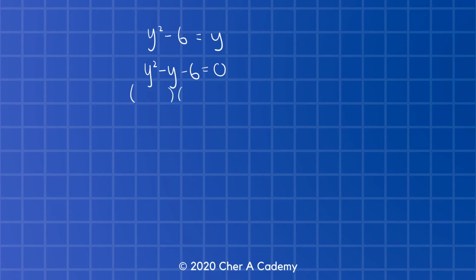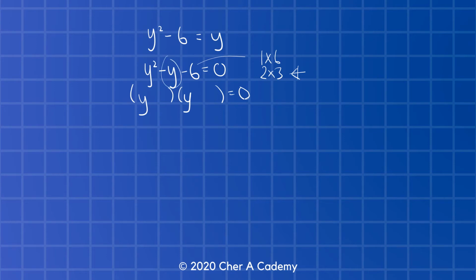Factorizing this. Okay, I have my y and y here to make it y squared. The last number is 6, so I can either do 1 times 6 or 2 times 3. I'm going to choose 2 times 3 because my coefficient of y here is negative 1.